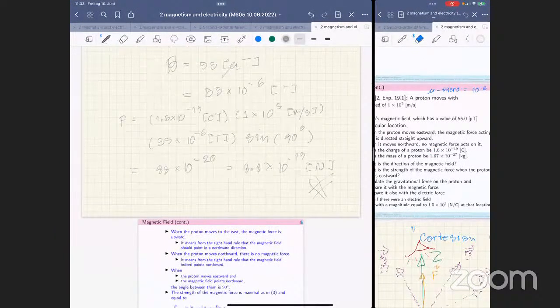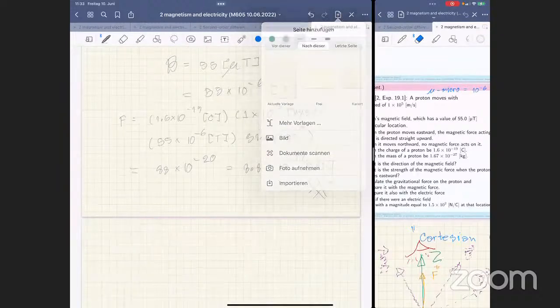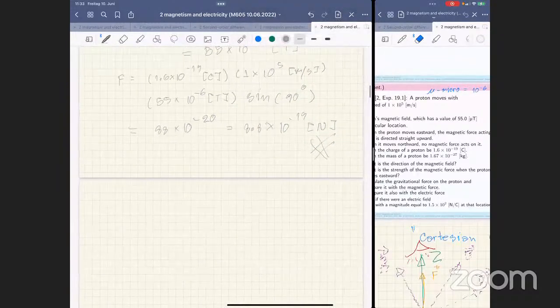So we will talk about the gravitational force for the proton. The gravitational force will be, of course, mg, right? The weight. This is the proton.